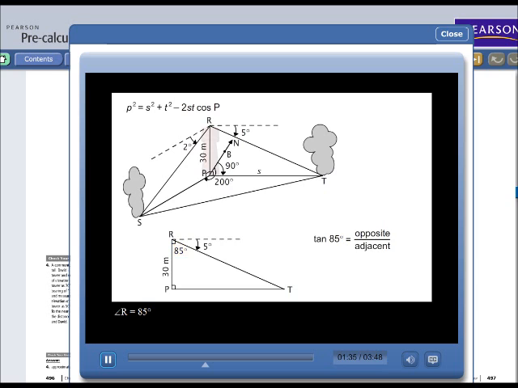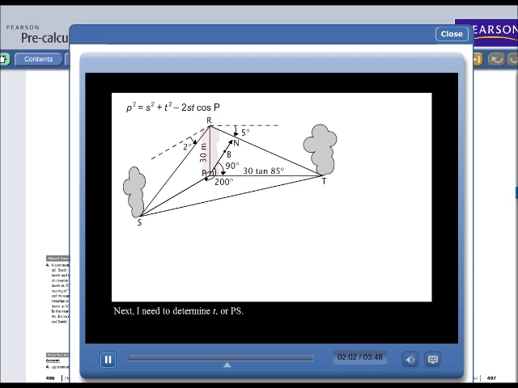Angle R is 85 degrees. The side opposite angle R is PT. The side adjacent to angle R has a length of 30 meters. I'll multiply both sides by 30 to isolate PT. So, PT equals 30 times tan 85 degrees. I'll label PT on the original diagram.